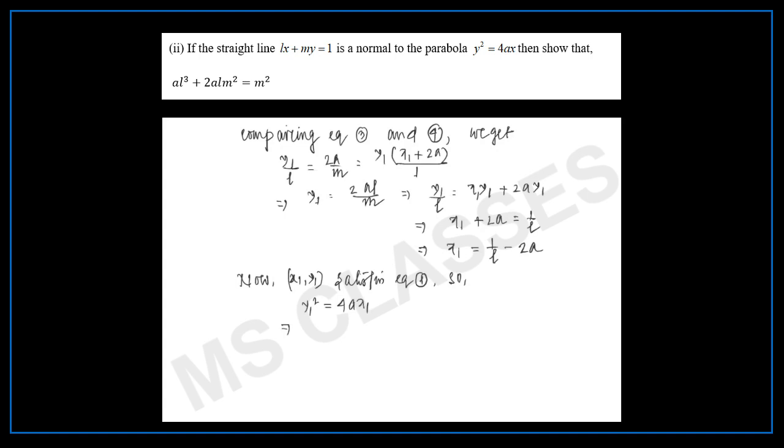Now from that, (2aL by m) whole square equal to 4a into (1 by L minus 2a). Now if we simplify this, we get aL cube plus 2aL m square equal to m square.